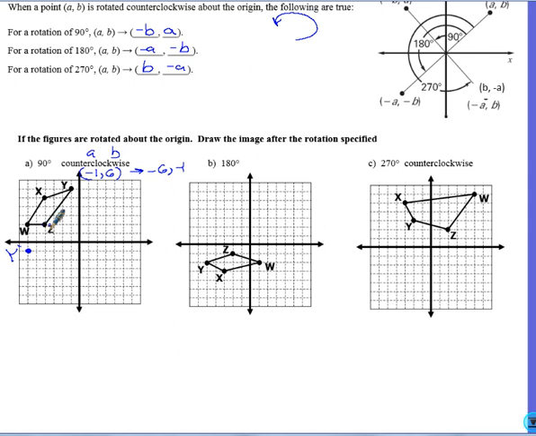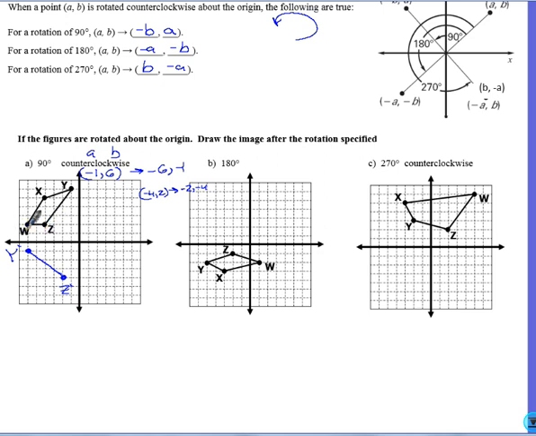Point Z, and you can go in any order you want, is at (-4, 2). When I put that through (-B, A), it becomes (-2, -4). That goes here, so that would be Z prime. I can connect Y and Z. Sometimes, instead of going through all the points, you can mimic what's happening in the original.